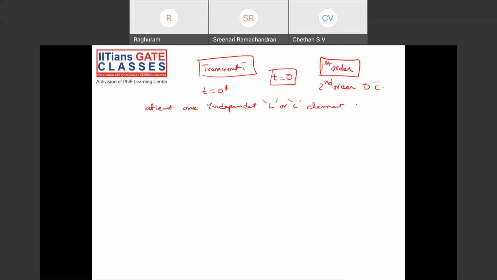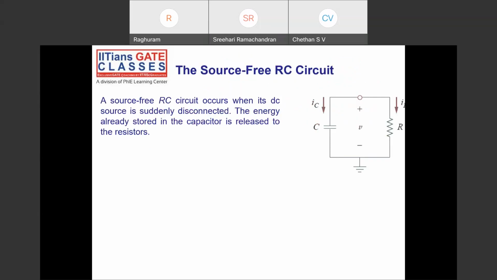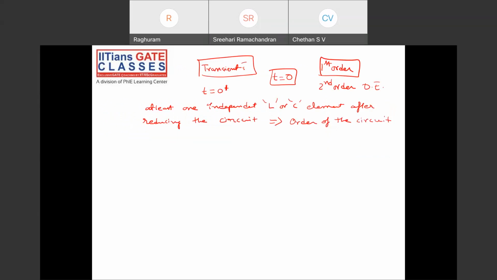Remember this: at least one independent L or C element after reducing the circuit indicates the order of the circuit. I'll explain this with an example. See this.